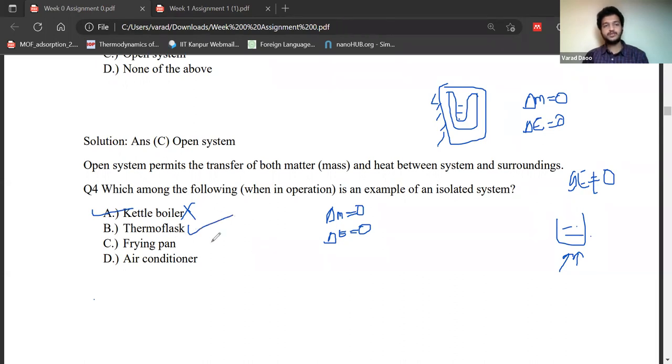But let us not stop here. Kettle will be delta M equal to 0, delta E not equal to 0. That means kettle will be a closed system. This is the isolated system.